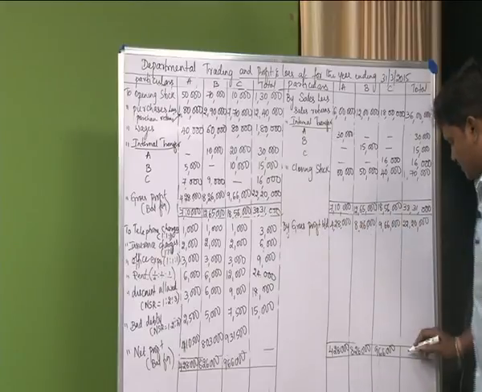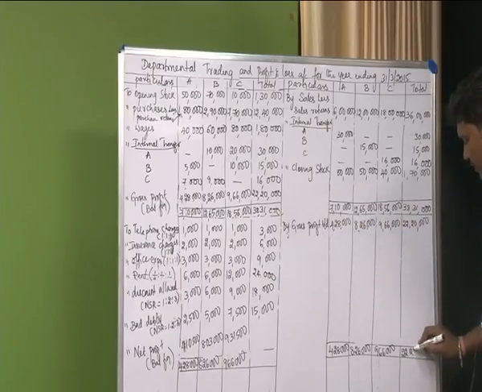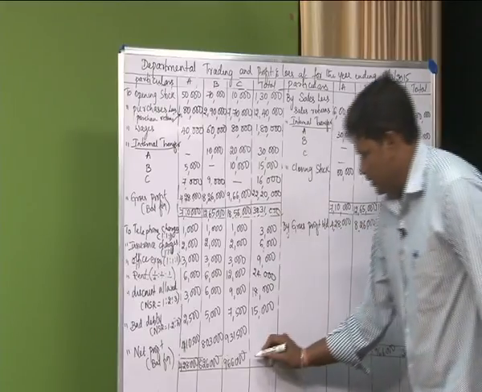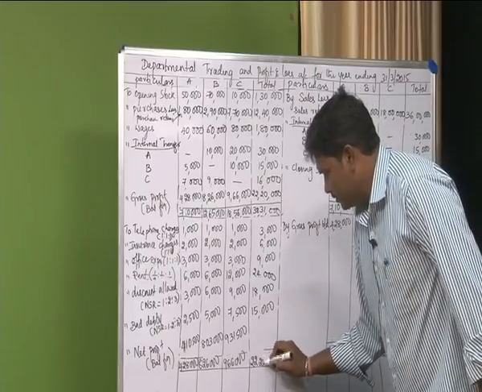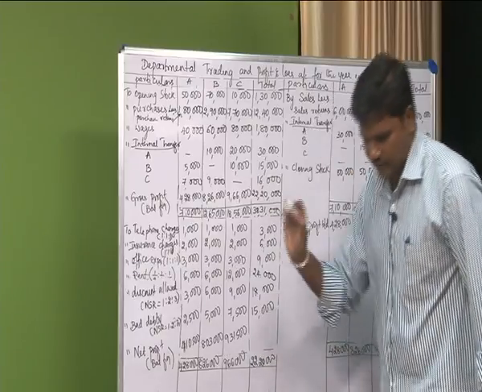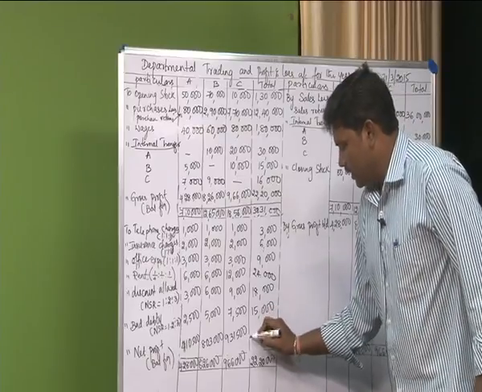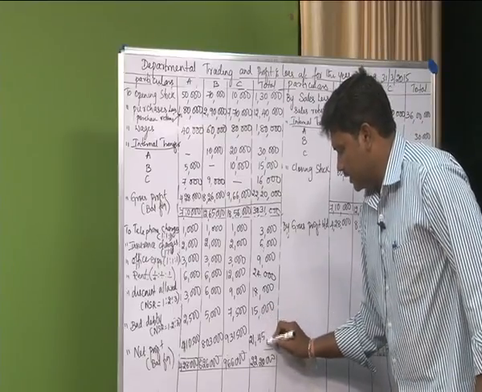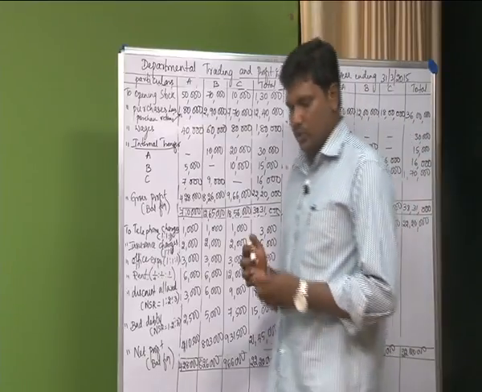When we total this, it will be 22,20,000. When we minus all these expenses, we will get 21,45,000 as the total net profit.